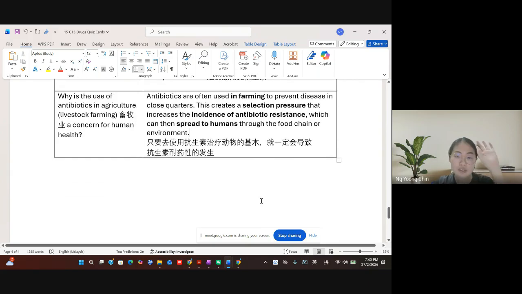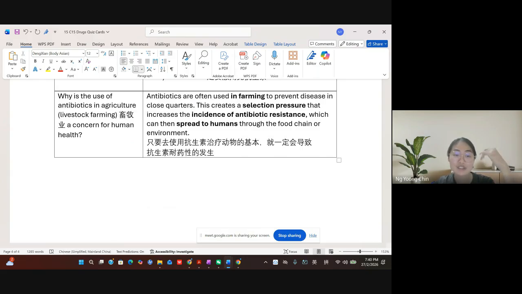So what's farming like? This is livestock farming, which is my industry. My industry is rearing pigs and chicken, because most Chinese people eat pork and also chicken meat. That's why we call it livestock.